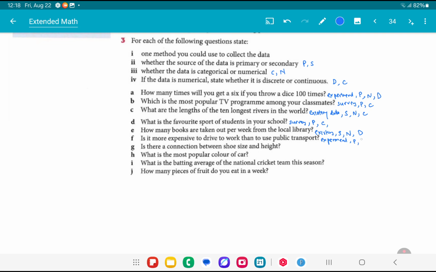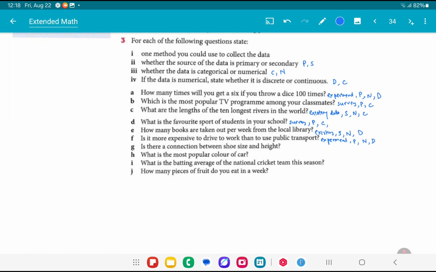And because we want to compare the price, this one will be numerical, and we get the exact value. Maybe from driving, we will get for example $10, and using public transport $5. So the value is certain, and we find it as discrete value.